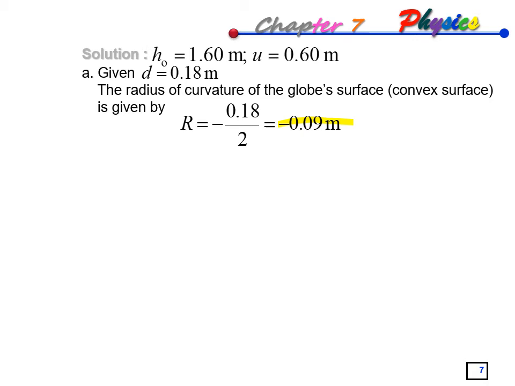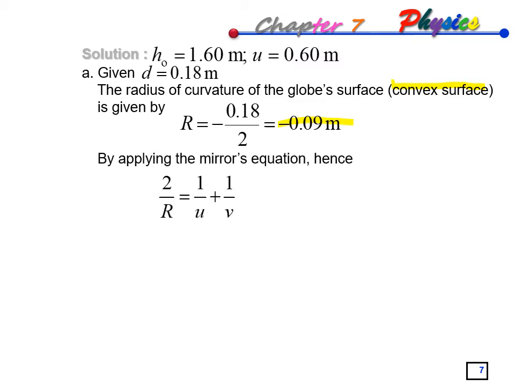From the radius we can determine the focal length. Since it is a convex surface, the focal length will be negative, a virtual focal length. Applying the mirror equation, we can straight away replace 1 over f with 2 over r.